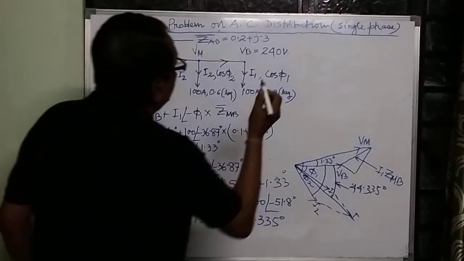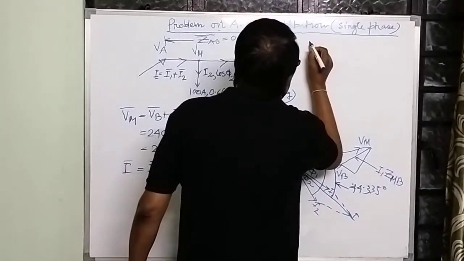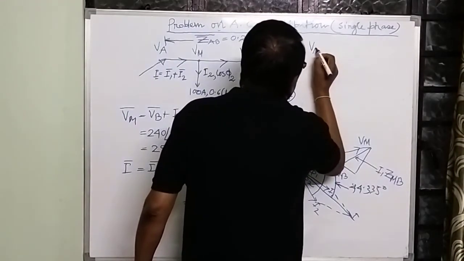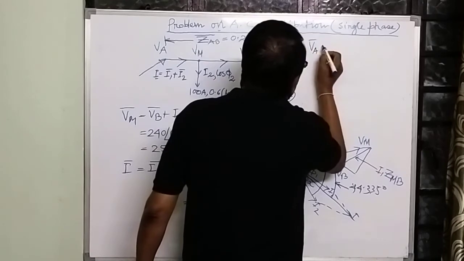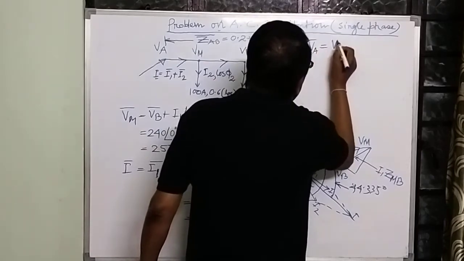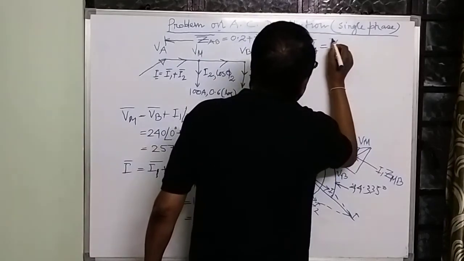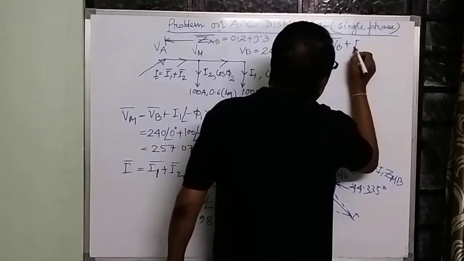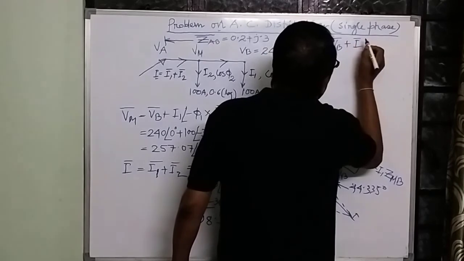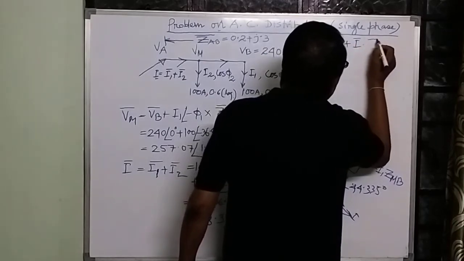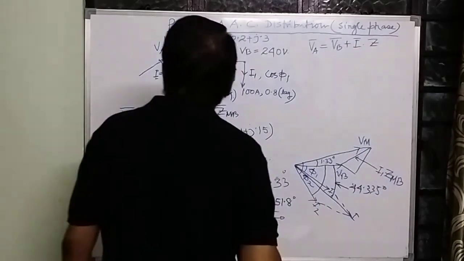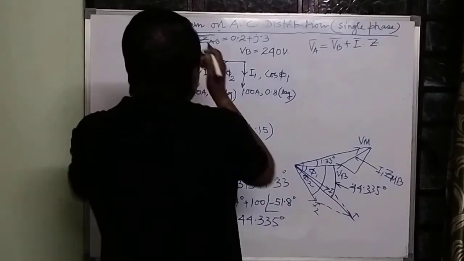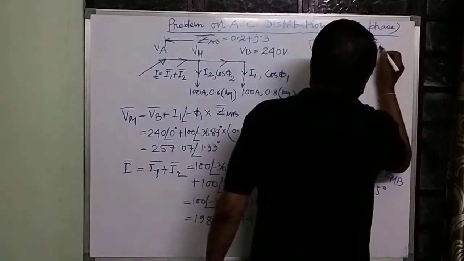Now you can write the VA vector is equal to VM plus current I into ZAM, the AM section impedance.